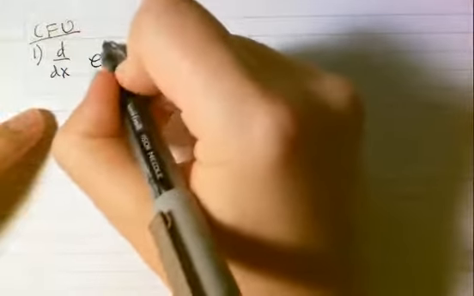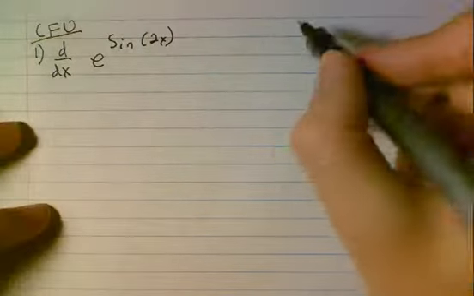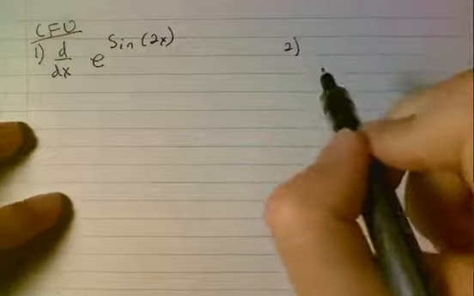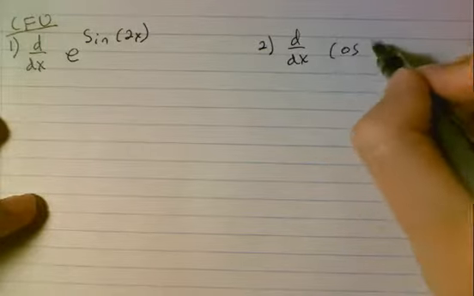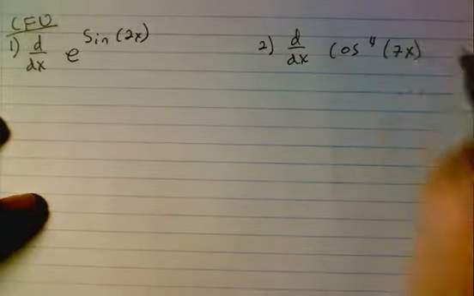That brings us at last to our check for understanding problems. For our first one, let's do the derivative of e to the sine of 2x, and then our second one, let's do the derivative of cosine to the fourth of 7x.